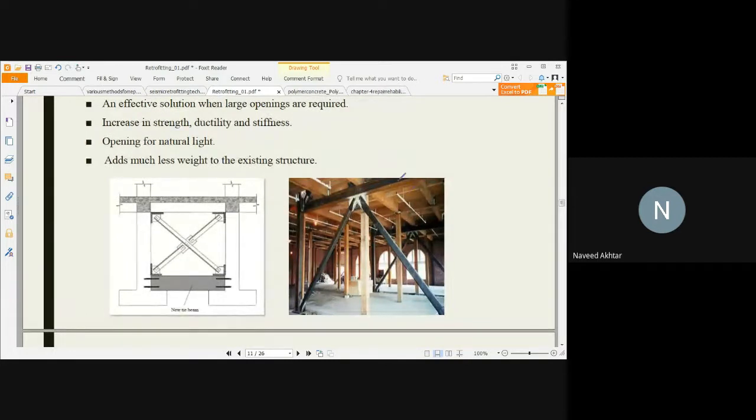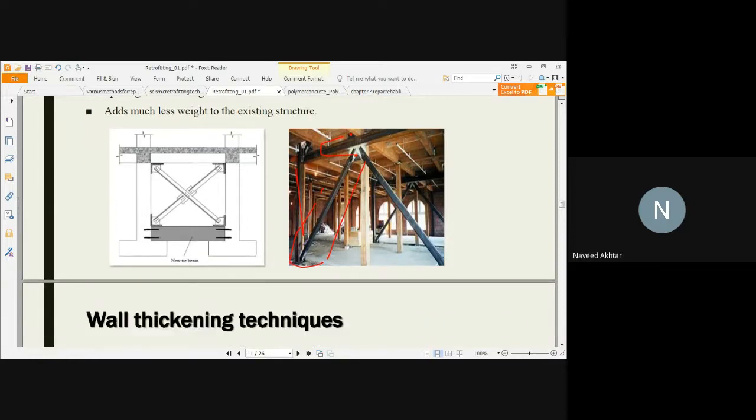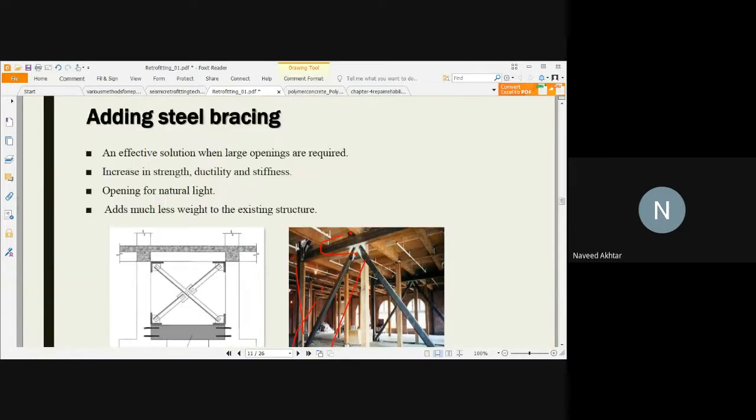You can see here the steel bracing applied under the steel roof. Additional beam, column and bracing are provided for retrofitting of the slab or bracing of the windows, to strengthen the structural element or to support the column or beam.